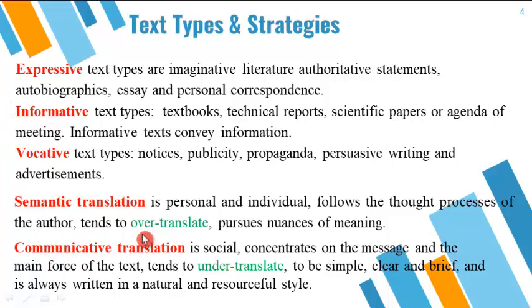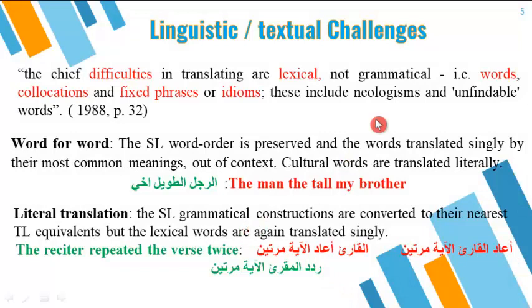But in the communicative translation, the translator focuses on the target text and tries to under-translate. It means be simple, clear, brief, and give the gist of the message. We are focusing in this lesson on challenges that the translator faces while translating.